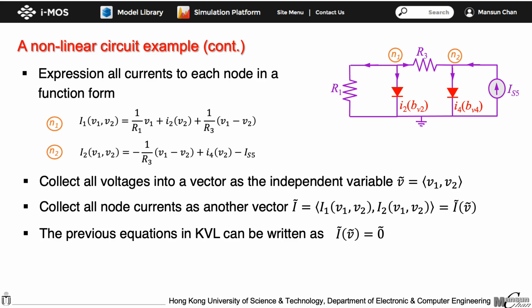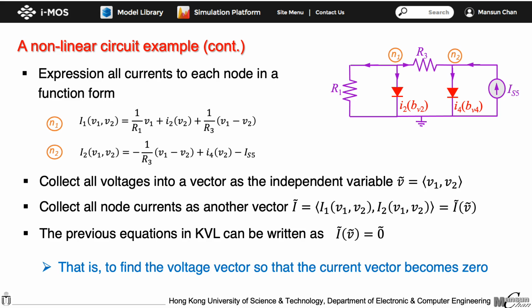Then, the previous equations after KVL can be written as: the current vector must be equal to 0. That is, the goal of the simulator is to solve for the node voltages that result in 0 total node currents leaving any nodes.